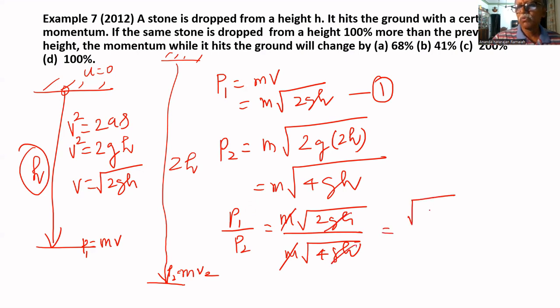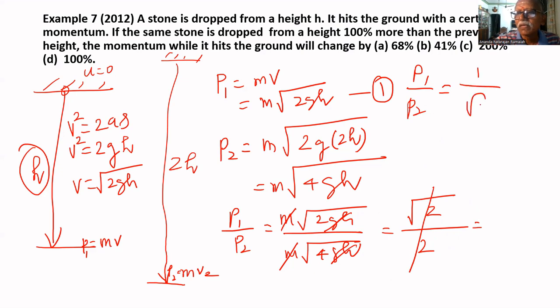That is equal to root 2 divided by 2, which equals 1 by root 2. Yes, P1 divided by P2 equals 1 by root 2.